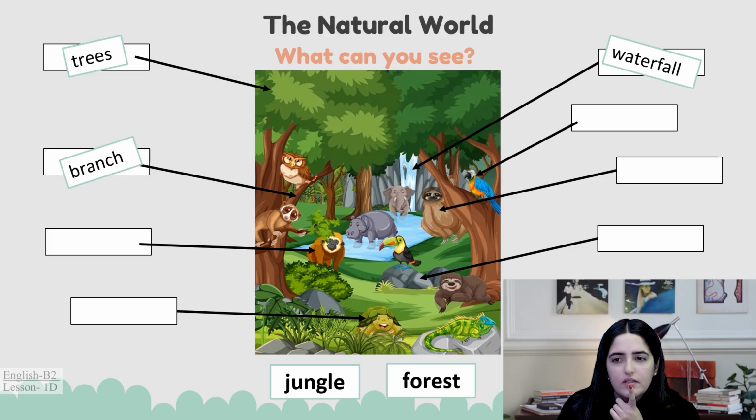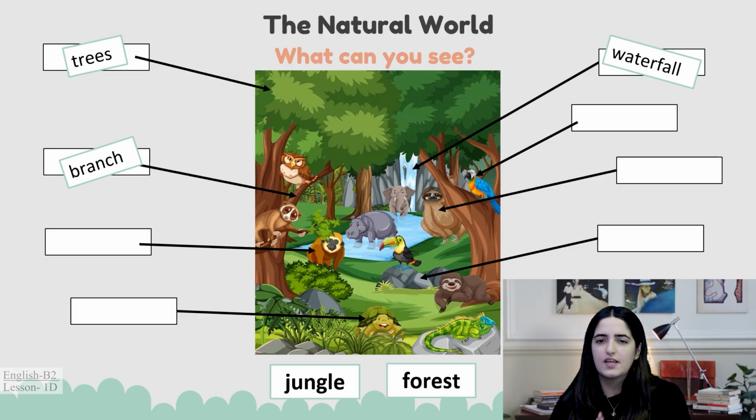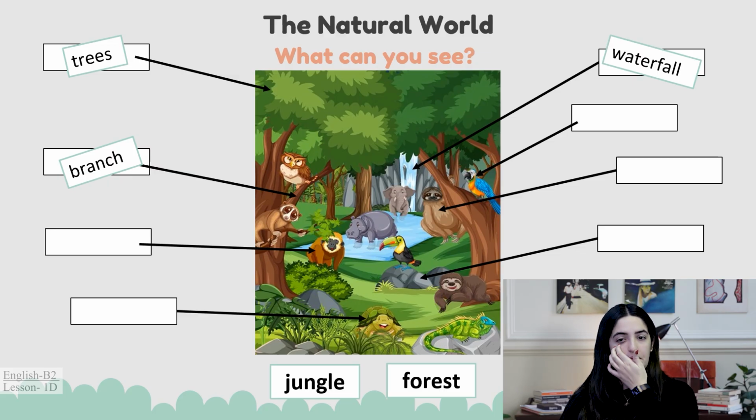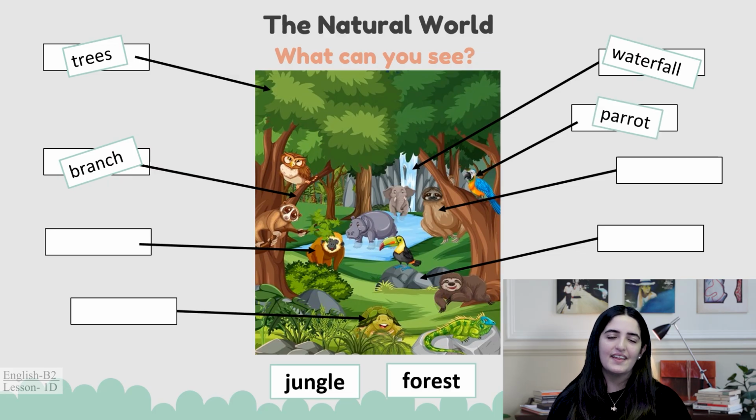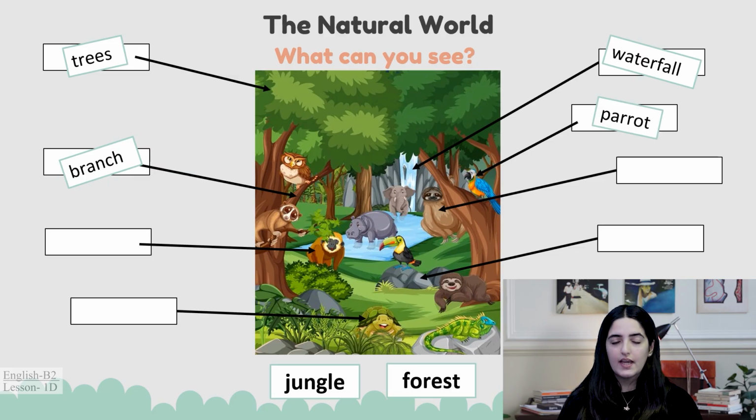Okay. What is that underneath a waterfall or sitting on the tree? Pause and answer. It's a parrot. Okay, that is a parrot, which is a type of bird, usually the ones that can speak. And maybe you've seen a parrot before.